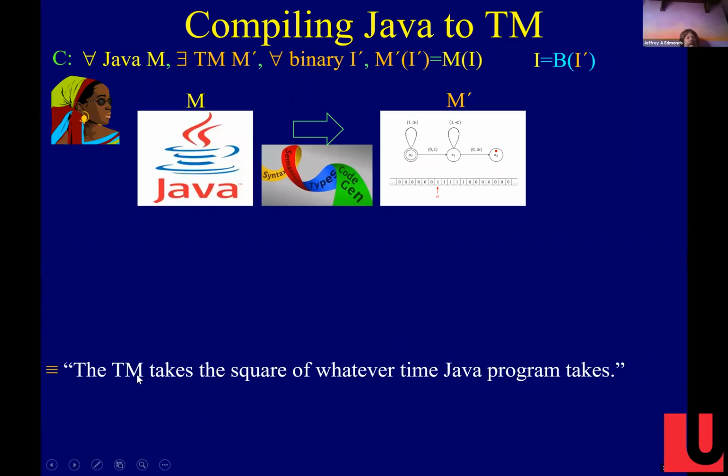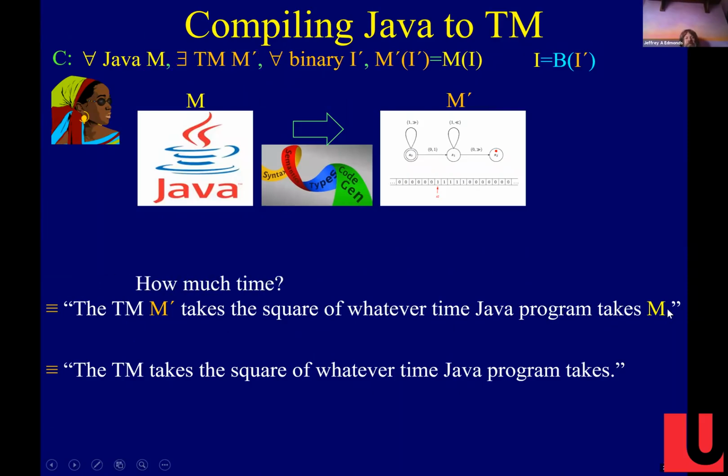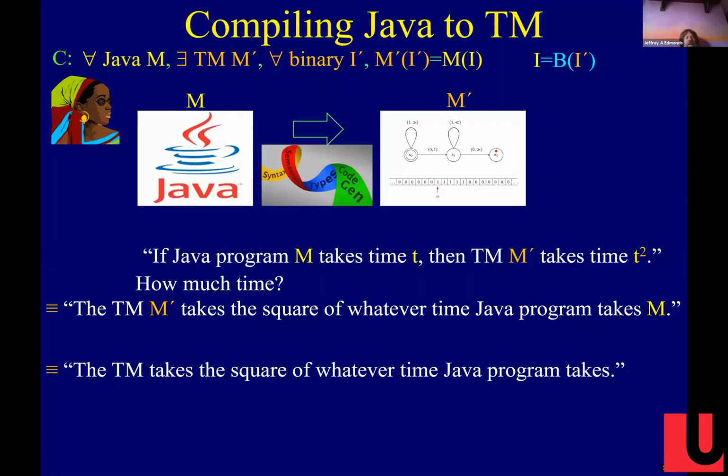So now let's talk about running time. We're also going to say that the Turing machine takes the square of whatever time the Java program takes. Here we have the Turing machine and the Java program. We're saying Turing machine M prime takes the square of whatever M takes. So how much time are we talking?